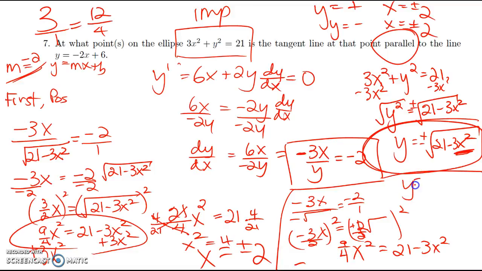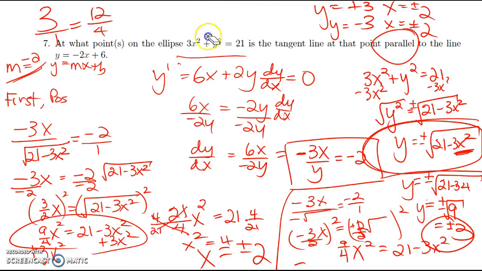So y will be plus or minus the square root of 21 minus 3 times 2 squared. 2 times 2 is 4. 21 minus 12, y equals positive and negative square root of 9, positive and negative 3. This is what we have. We have the positive 3 and the negative 3.